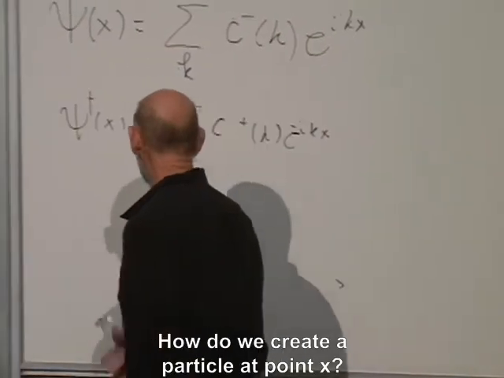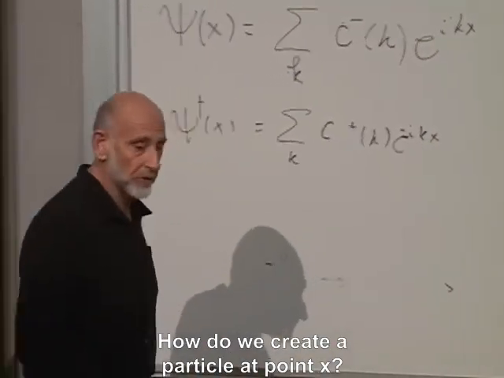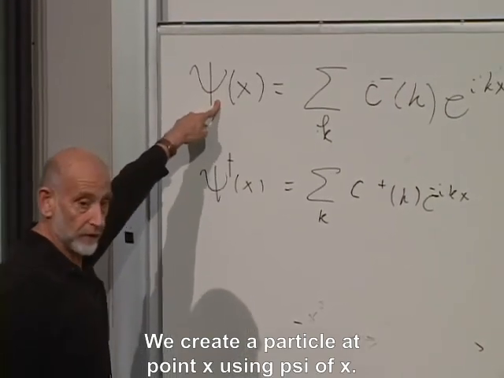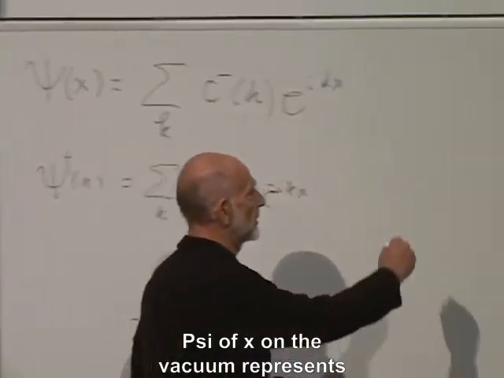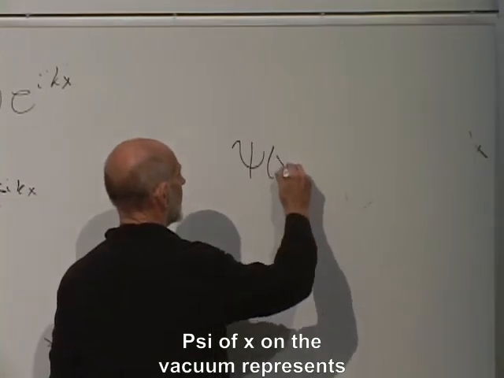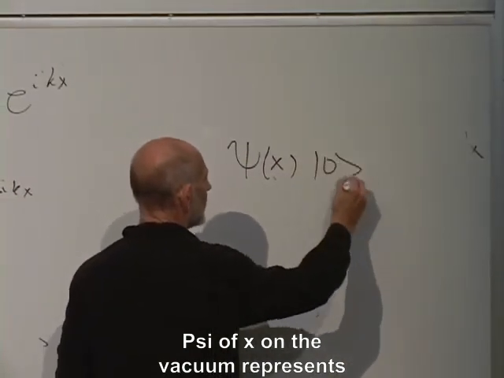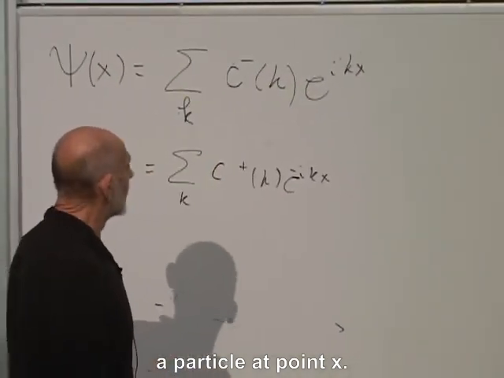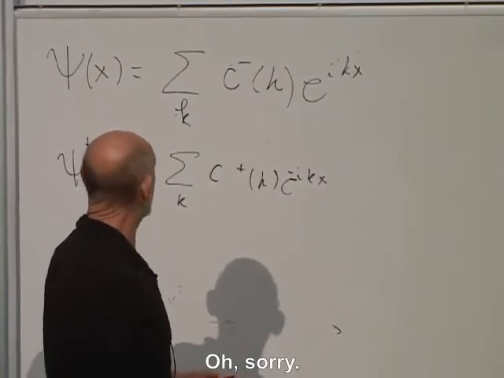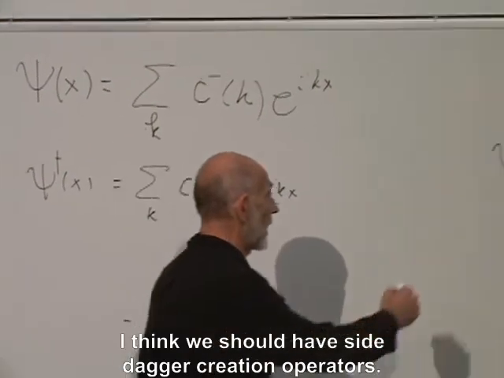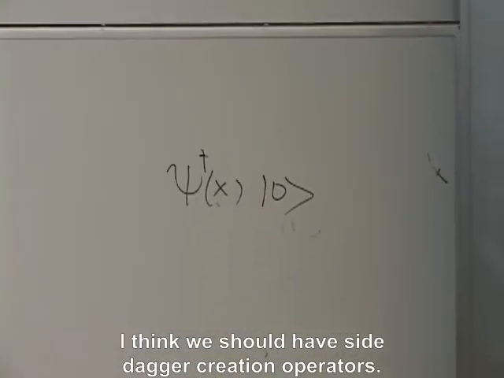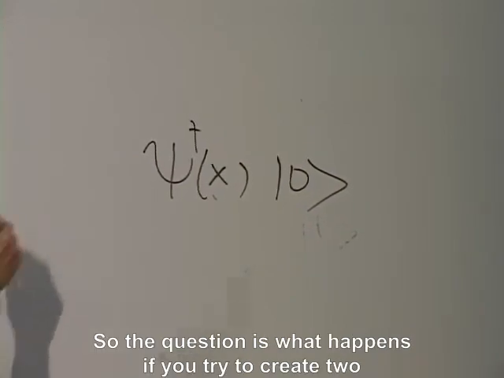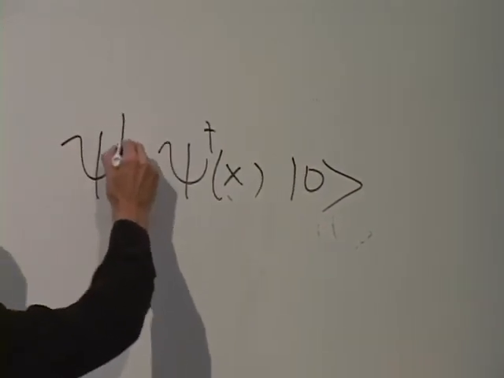How do we create a particle at point x? We create a particle at point x using psi of x. Psi of x on the vacuum represents a particle at point x. Oh, sorry. I think we should have psi dagger, huh? Yeah. Creation operators. So the question is, what happens if you try to create two at the same point?